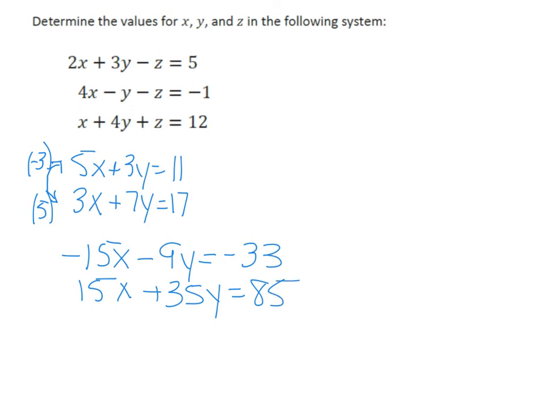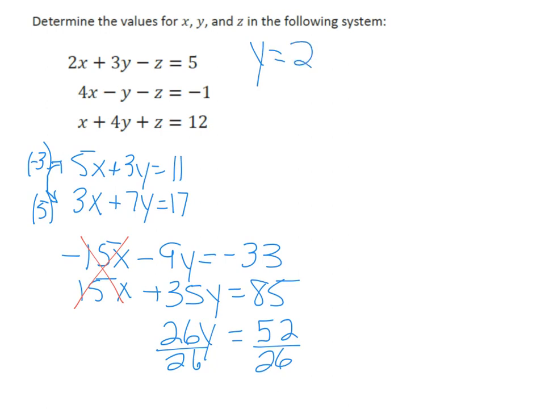So now I can add these two, and I notice right away that the x's will cancel because that's how we set it up. And then my y's will become 26y is equal to, and again just adding these, we will get 52. And if I divide by 26 and divide by 26, I get that y is equal to 2.